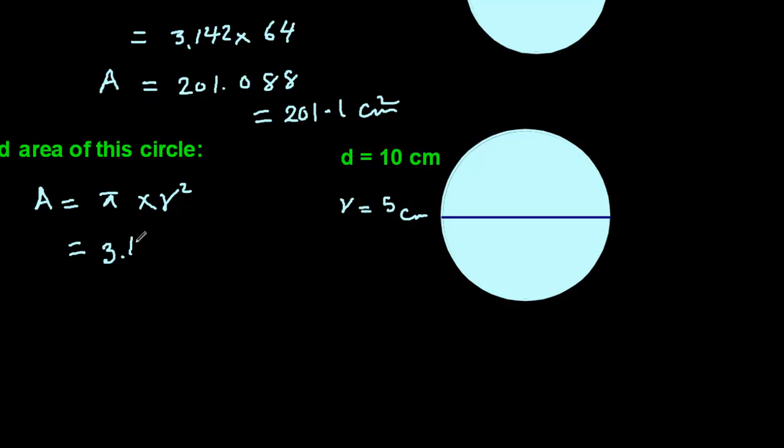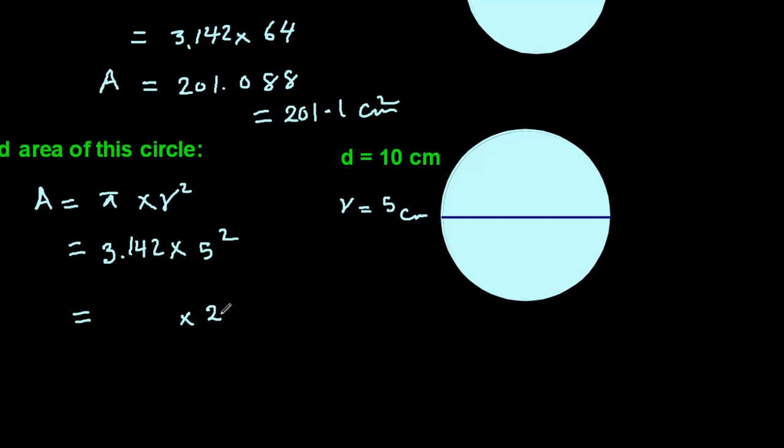So 3.142 times the radius squared, so it's 5 squared. Like I said before, if you follow the order of operations, you should always do the index first.